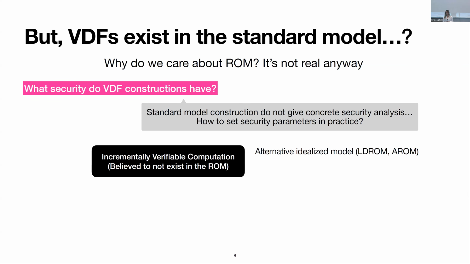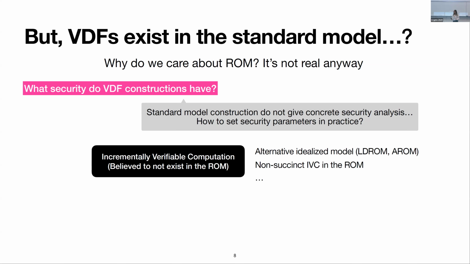One way to study its security is to consider alternative idealized models, such as the low-degree random oracle model, which is simply the low-degree extension of the random oracle model, or an arithmetized random oracle model, which is random oracle plus some arithmetization oracle. And an alternative is people also studied some relaxation of IVC in the random oracle model to get around the impossibility result just for security analysis purposes.